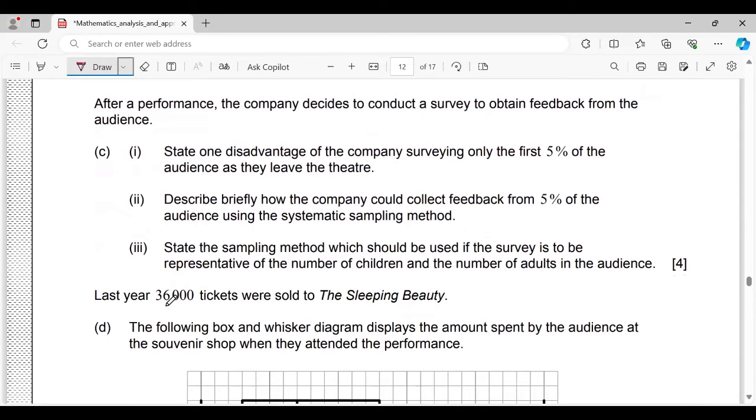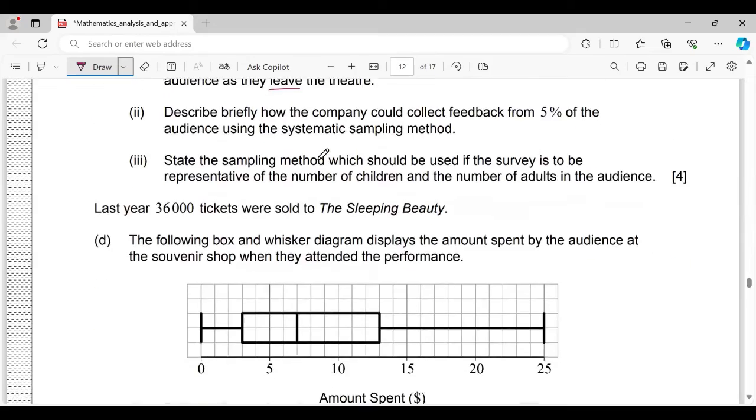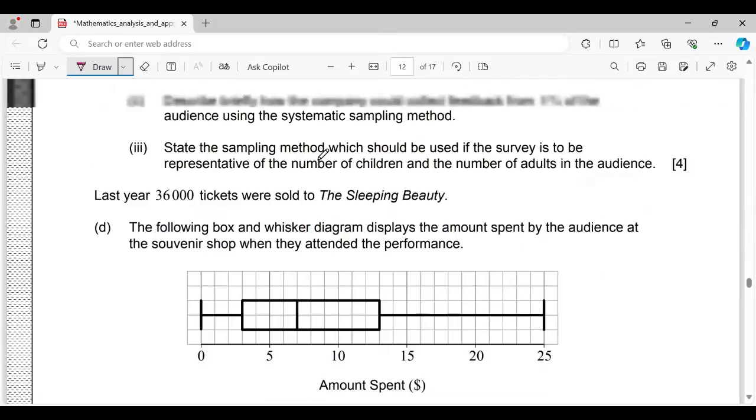After a performance, the company decided to conduct a survey to obtain feedback from the audience. See, one disadvantage of the company surveying only the first 5% of the audience as they leave the theater. Okay, as they leave the theater. Right. So I'm going to write down, oh, that means here.